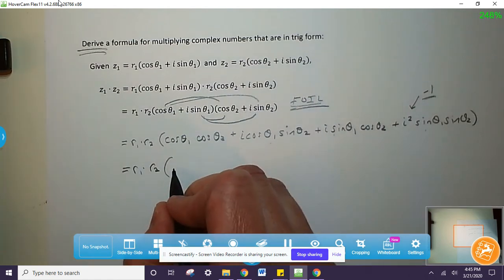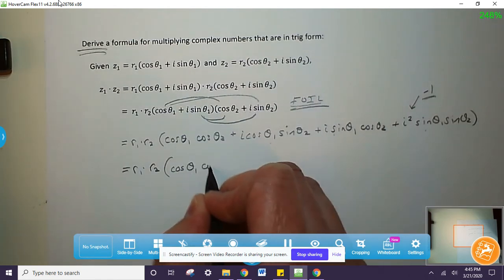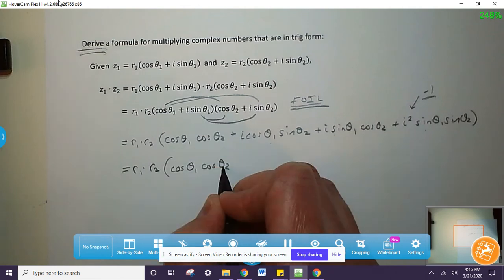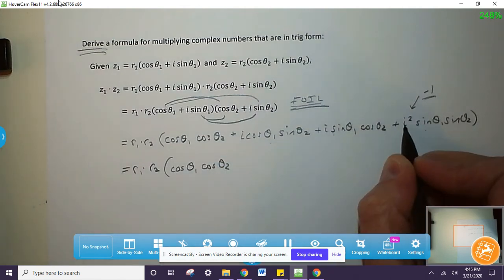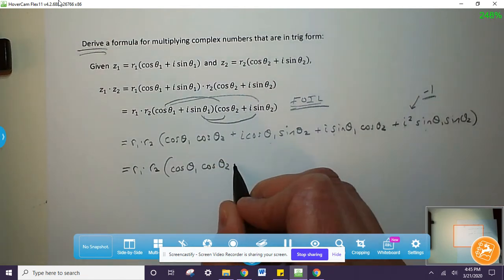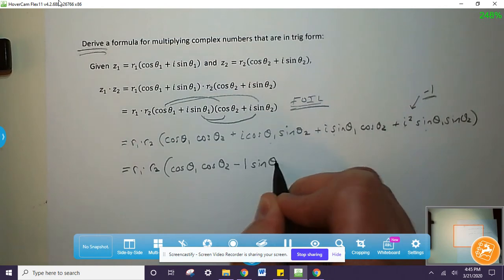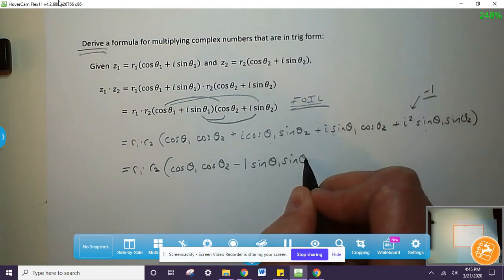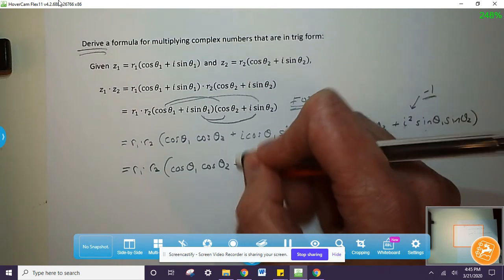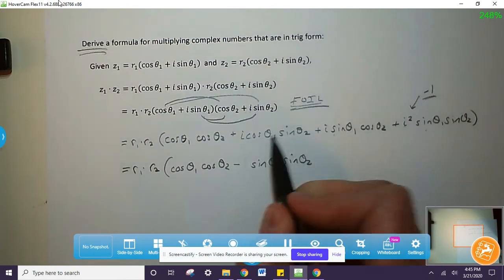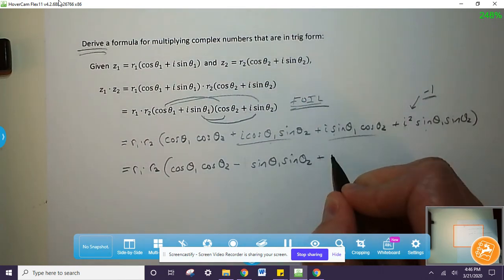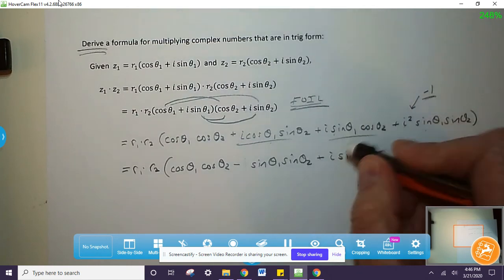So what I'd like to do is keep this first term up front. That's one term. And then at the same time that I change the i squared into -1, I'm going to move sine theta 1 sine theta 2 up to the front. And you know what? I don't really need that 1, do I? And then I'm going to take these two terms that have an i and move those to the back.